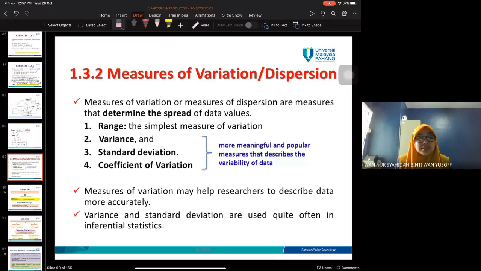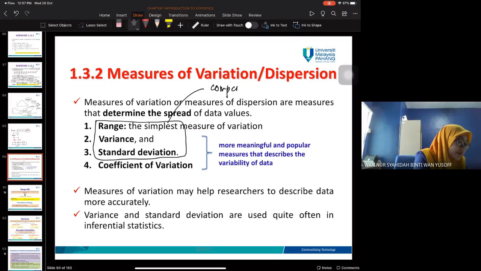So we have four measures here: range, variance, and standard deviation, and a new measure that we introduce here, the coefficient of variation. Range, variance, and standard deviation, these three we use when we compare similar variables.